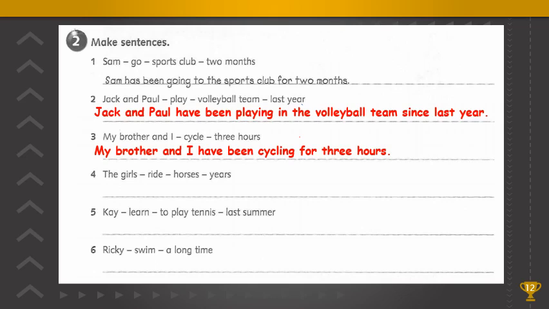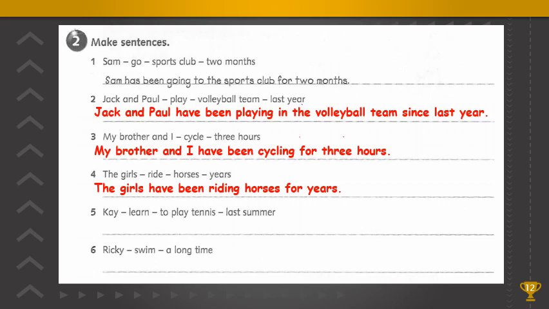To continue, the girls ride horses years. So our sentence, when we make this, the girls have been riding horses for years. So you have the present perfect continuous, have been riding. And you have the time element, years.